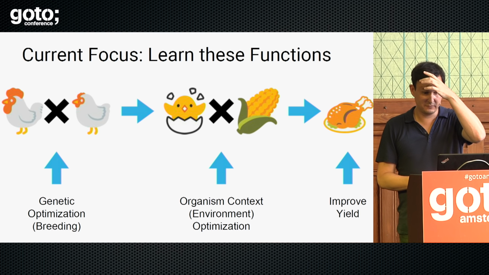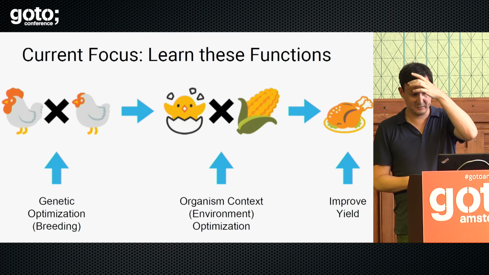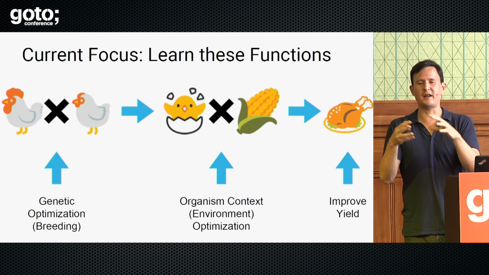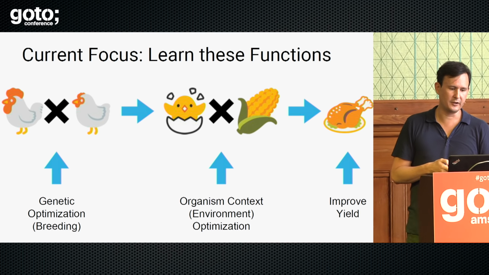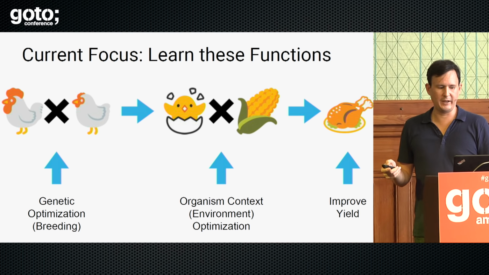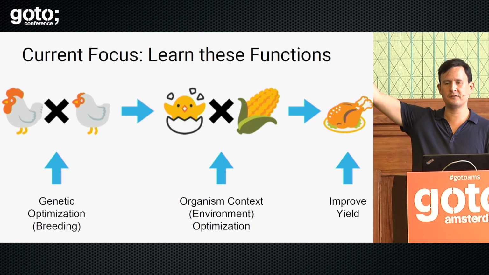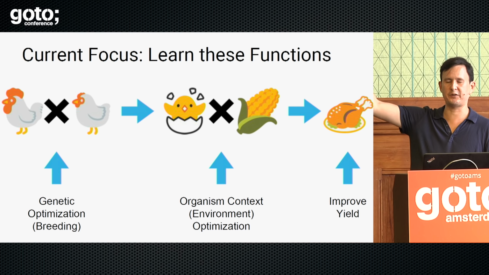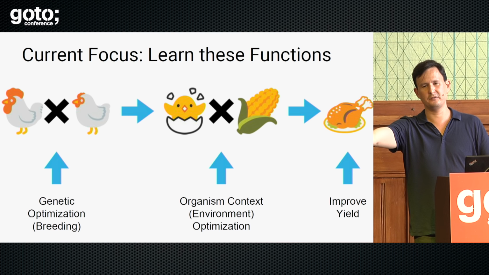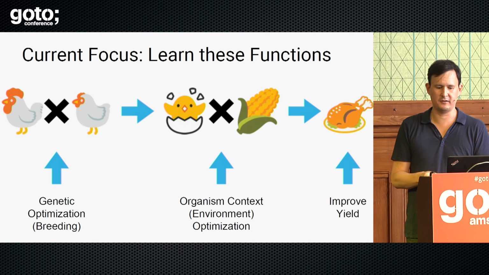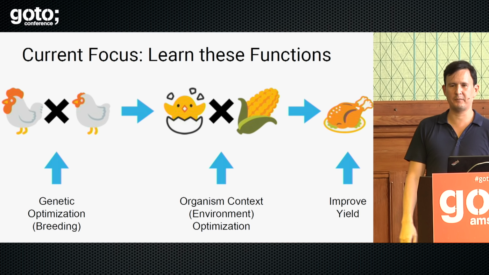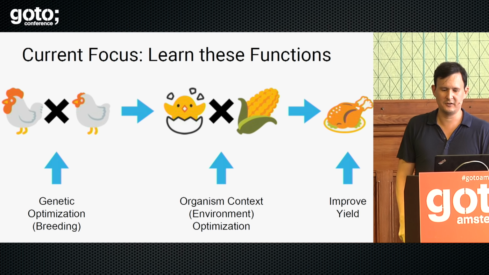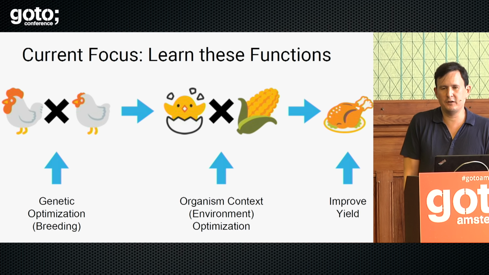So getting back to emojis and back to some of the genetics stuff that's the context of this computational genomic analysis problem we were just talking about using deep learning machines, you basically want to make sure that you're crossing the right parents to produce the next generation of offspring, and you want to make sure that for the offspring you've produced, you give them the right environment to maximize the yield for whatever you're aiming for, whether that's number of grams of chicken meat you get per unit time, or resistance to avian flu outbreaks.